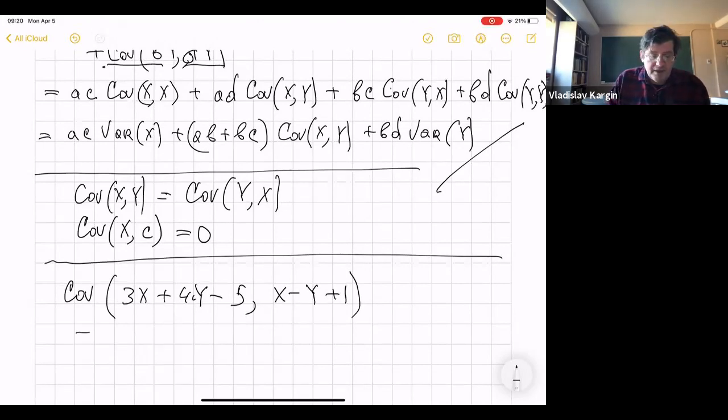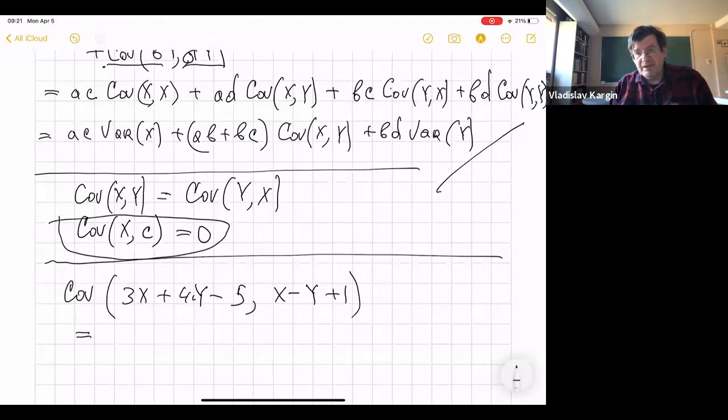So first thing to say: totally ignore the constants. They don't matter. The constant here, minus 5, when you expand it, gives the covariance of something with a constant. But we know that covariance of X with a constant is always 0.